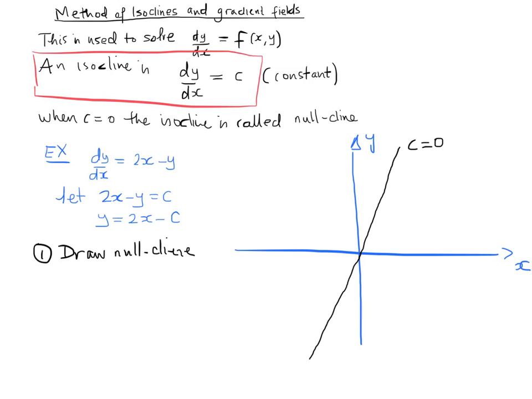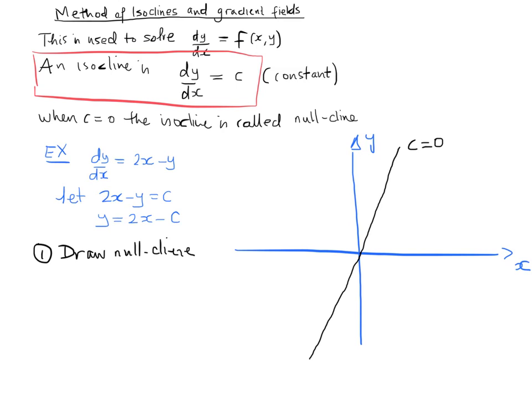Right, now if c equals naught, what is c? It's dy by dx. Agreed? That's what we said here. So this is an isocline, by the way. This black line is an isocline. What we're going to draw is the slope field on the isocline. And the slope field says it's the value of dy by dx. In other words, dy by dx equals 0 on that particular isocline. So how am I going to draw that?